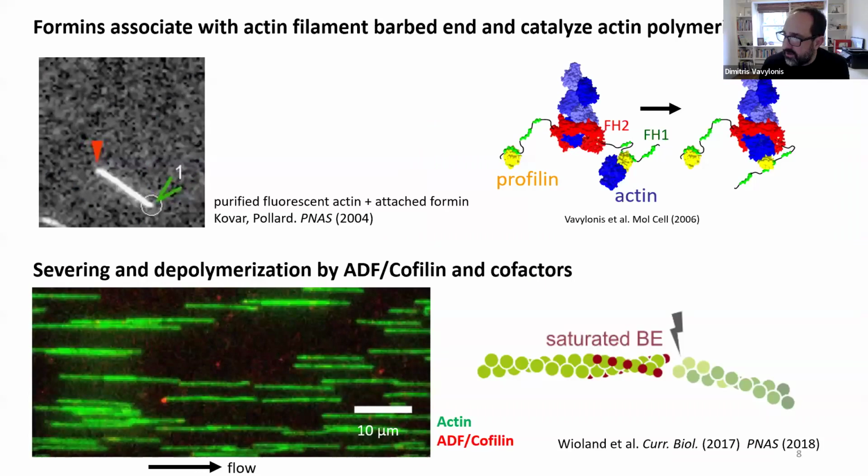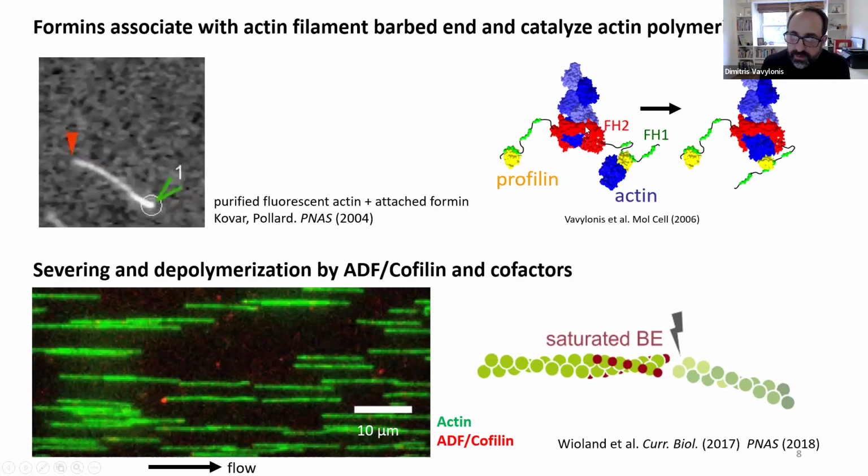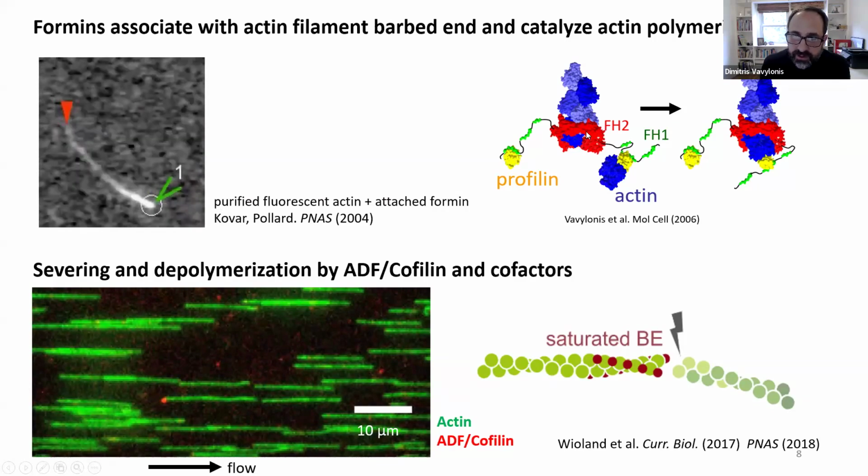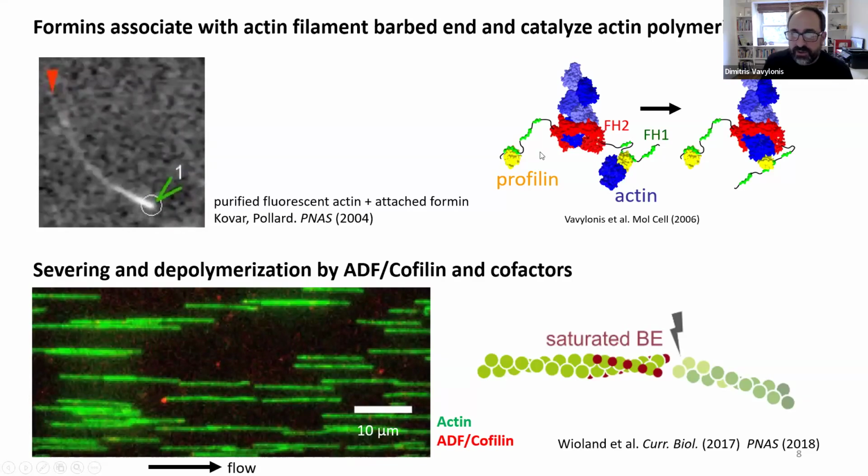So the actin system is regulated in many ways, and partly we believe is to allow the system to undergo flexible transformations. So here I will introduce you to just two of the many regulators. One of them is this formin protein that binds to the barbed end of the actin filament. This protein is typical.